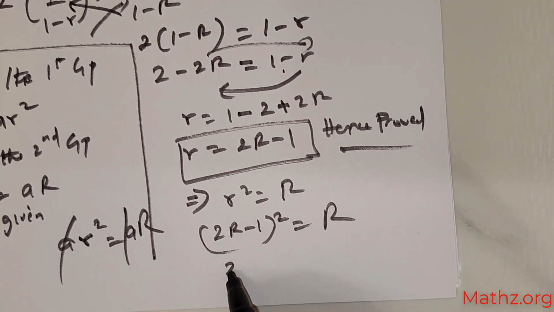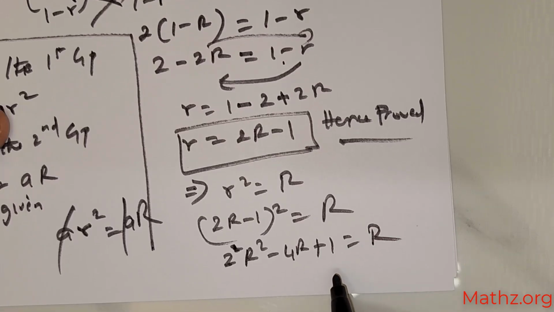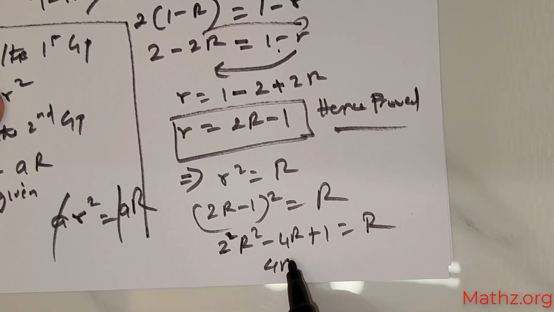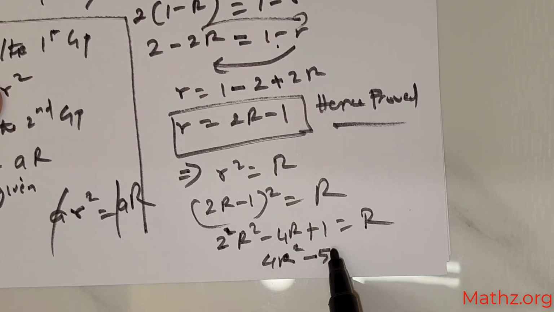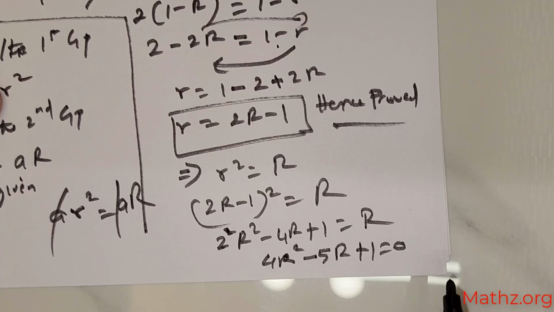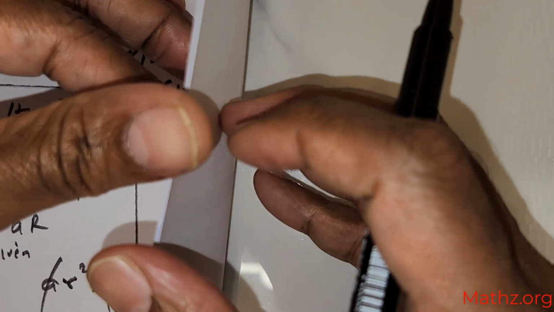I expand this. I get 2 squared r squared minus 4 times r plus 1 is equal to r, which means 4 times r squared, if I bring it here, I get minus 5r plus 1 is equal to 0. So I have to solve this.